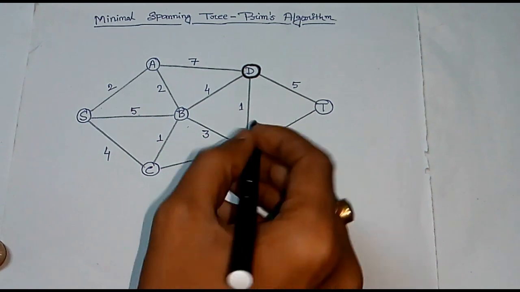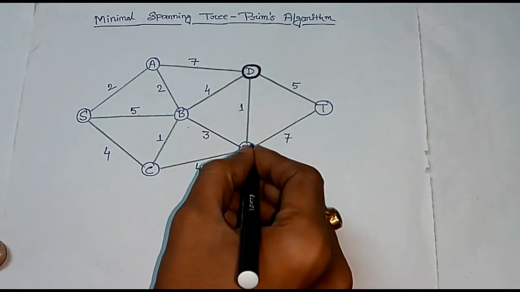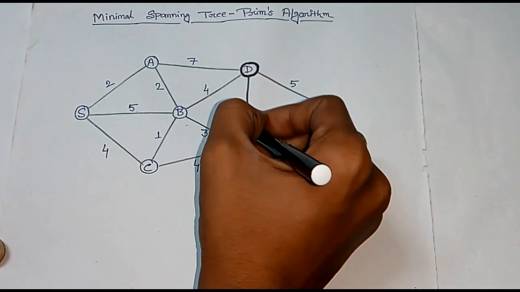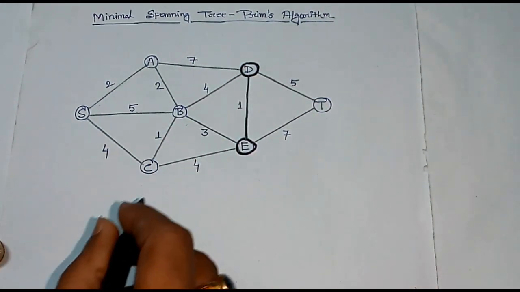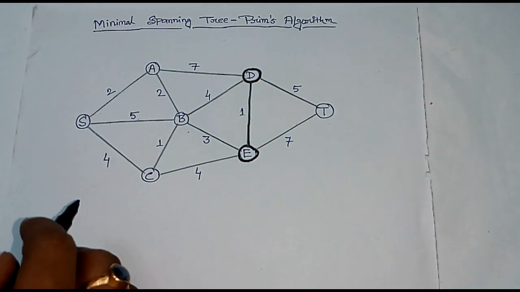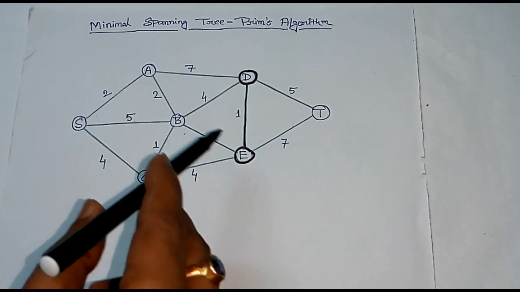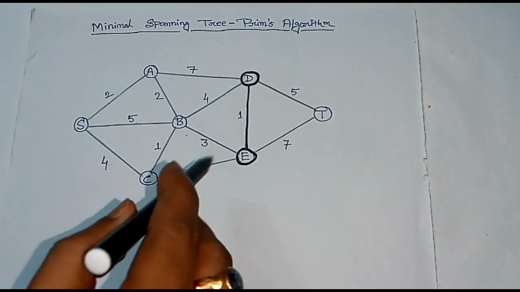So we shall add this vertex. So first of all we select vertex E and we add this edge DE.